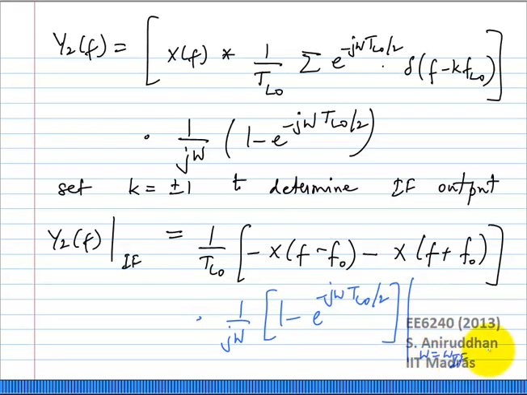The reason is, it really depends on the relative values of omega IF and omega LO, right? Because if omega IF was much smaller than omega LO, I can make an appropriate approximation. So let us take that case, which is the case in a receive mixer.